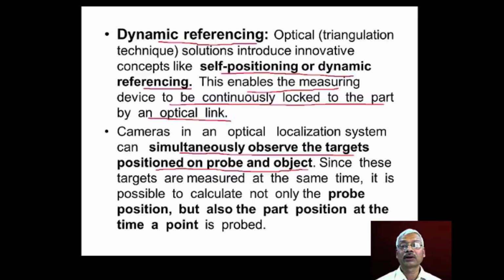And these targets and reflective surfaces are continuously observed by the cameras. Since the targets placed on the object and the targets placed on the probe system are measured at the same time, it is possible to calculate not only the probe position but also the part position at the same time.